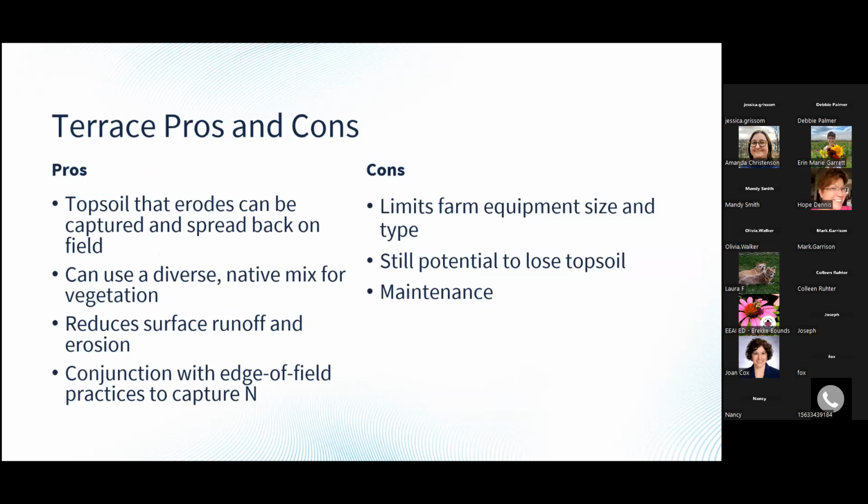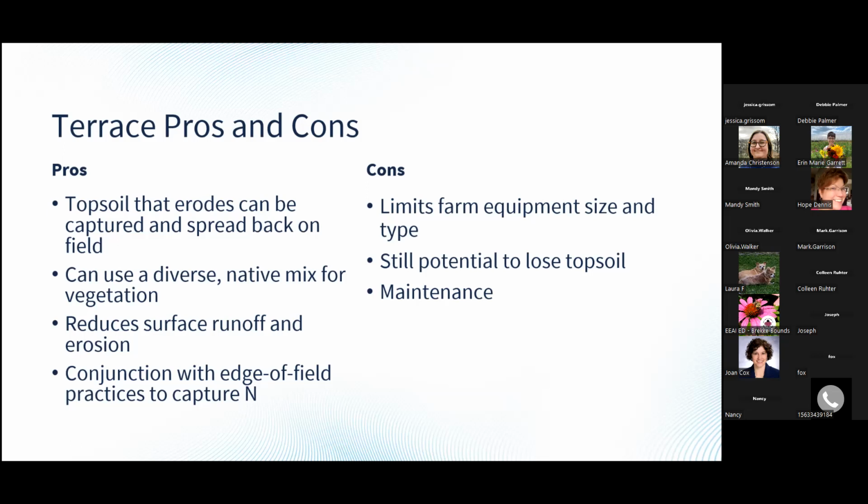And as with everything, there's going to be pros and cons. So on the positive side, any topsoil that erodes can be captured and spread back on your field. You can use diverse and native mix for your vegetation, which is great habitat for pollinators as well as other wildlife.